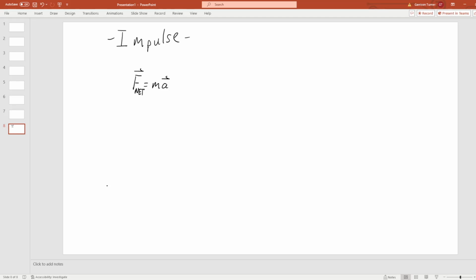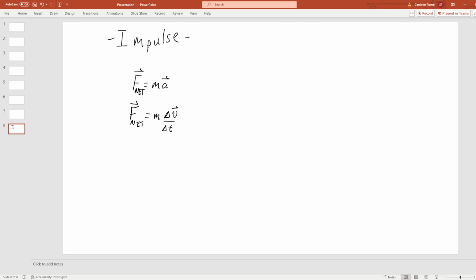However, this is not the most general way to describe forces. What we mean by this is that acceleration is equal to change in velocity over time.